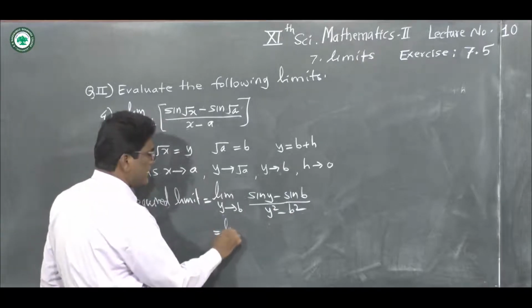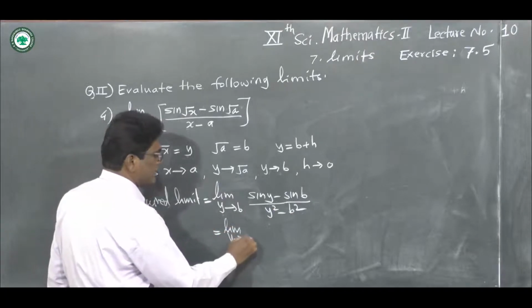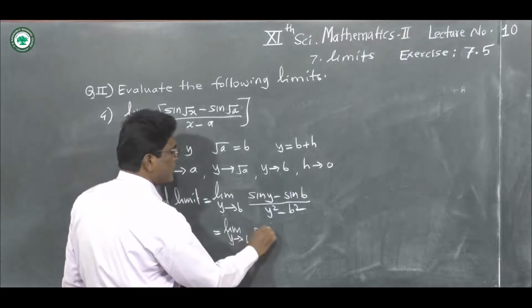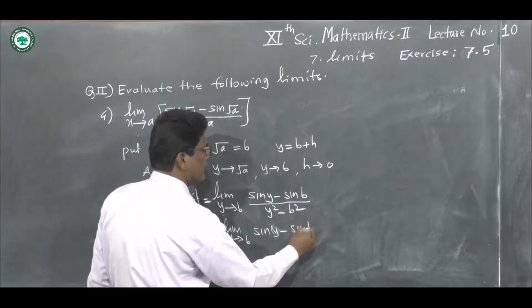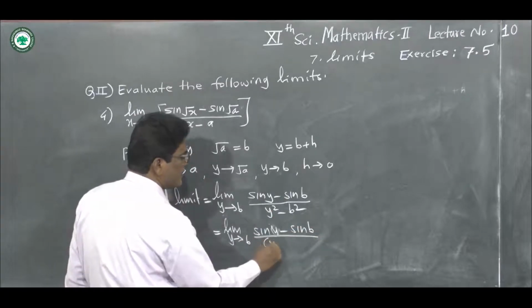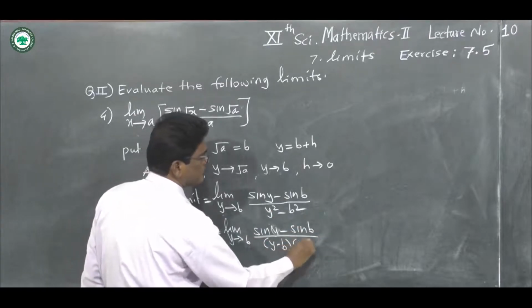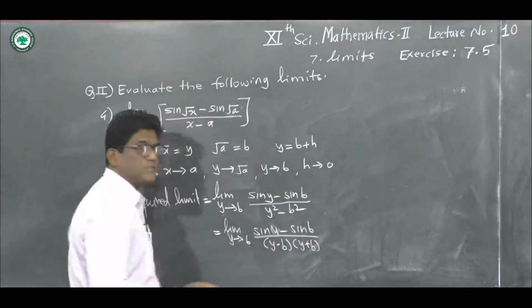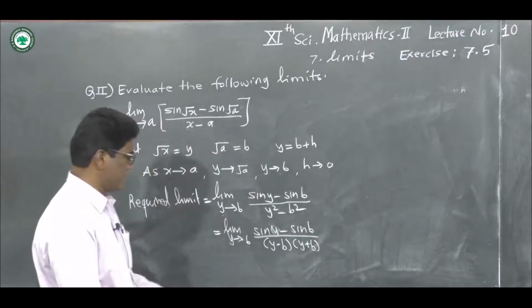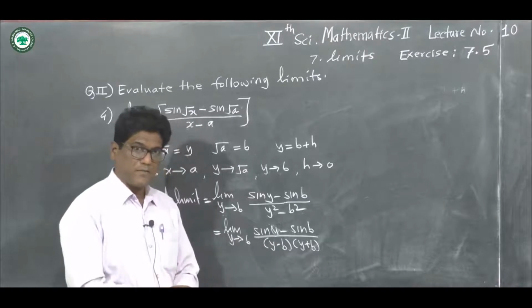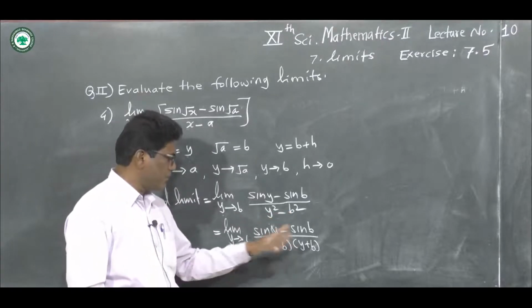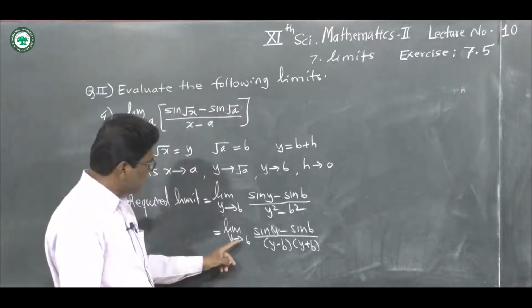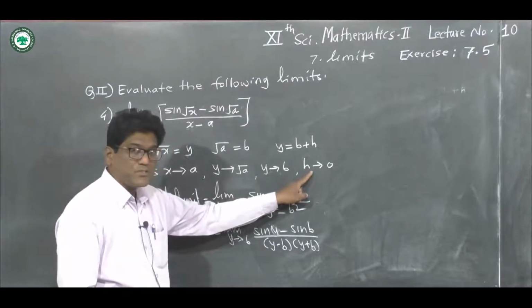So here limit as y tends to b, sin of y minus sin of b divided by here y minus b and y plus b. We write the factor using the formula a square minus b square, a minus b and a plus b. So here y square minus b square is y minus b into y plus b. And now here as y tends to b, h tends to 0.